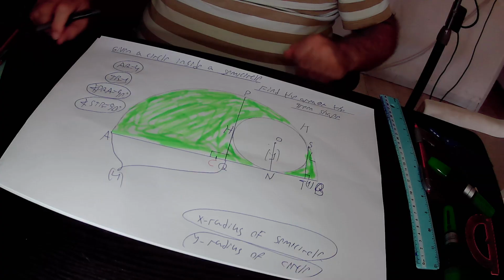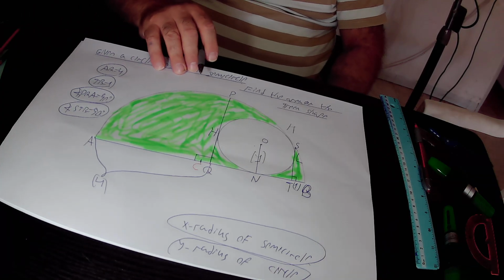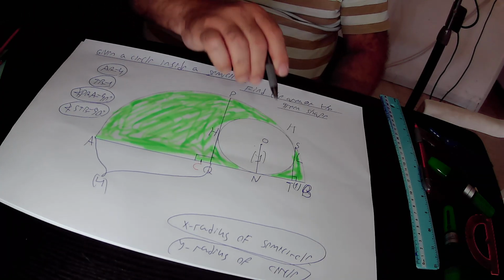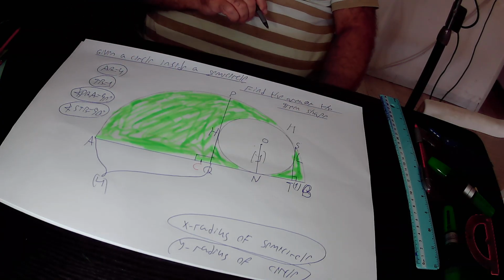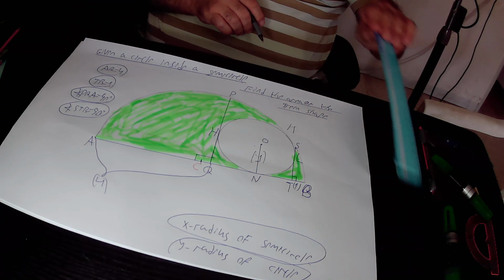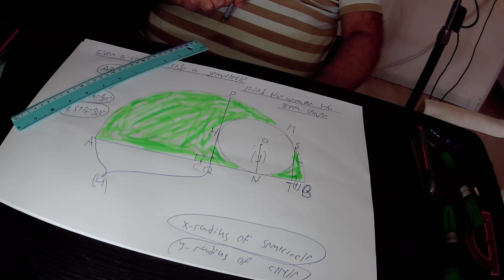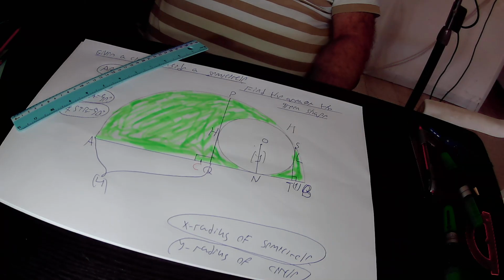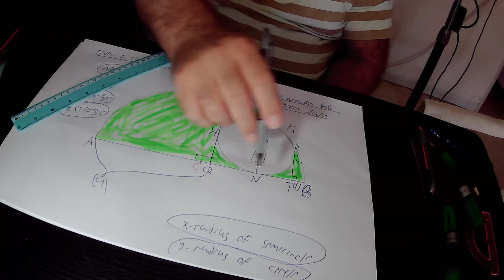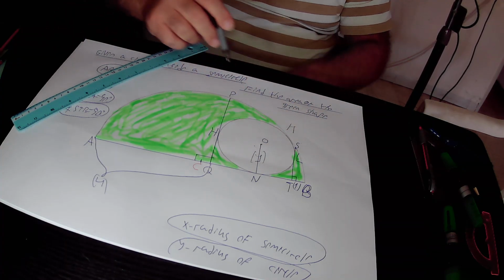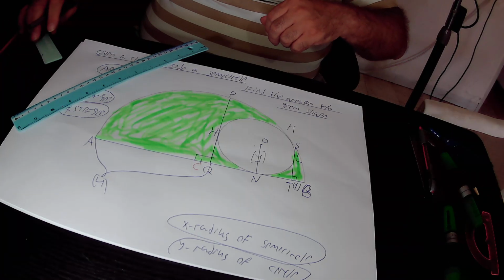The radius ON is drawn to point N, that is the point of tangency of tangent AB with this small circle. And whenever you have a radius that is drawn to the point of tangency, then tangent AB will be perpendicular to the radius NO.